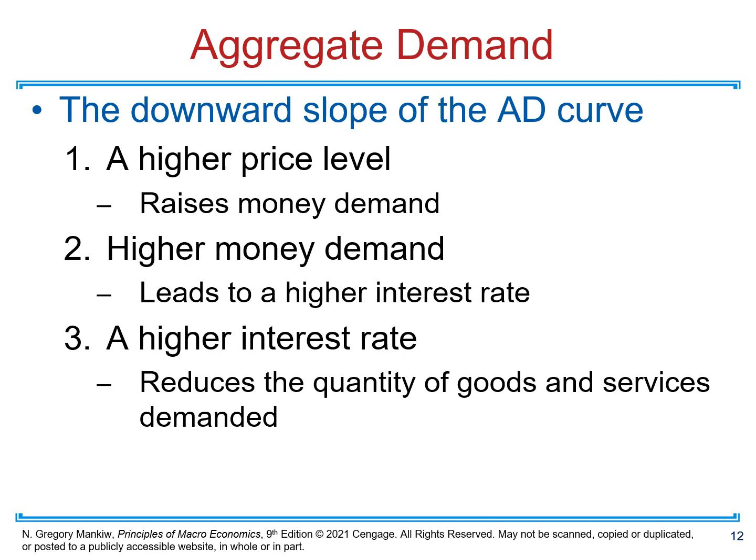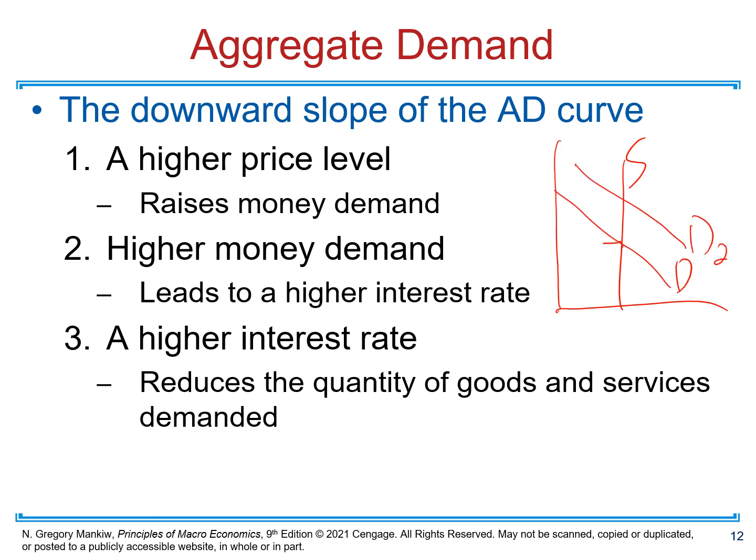According to the diagram we saw before, when the demand for money is higher, let's call this D2, we're going to see a higher interest rate in the economy. And a higher interest rate means it's more expensive for consumers and businesses to borrow money, and therefore we're going to borrow less money to purchase goods and services.